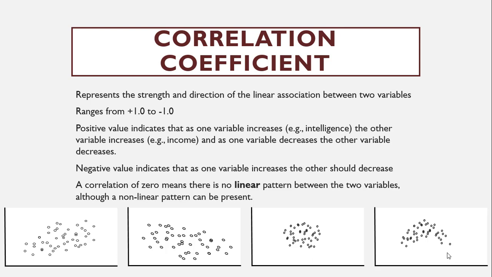So positive values indicate that as one variable increases, for example, if intelligence goes up, the other variable also increases and income will go up. And conversely, it also is then true that if intelligence is lower, income will tend to be lower. So as one variable decreases, the other variable also decreases. A negative value indicates that there's an inverse relationship. So as one goes up, the other one goes down.